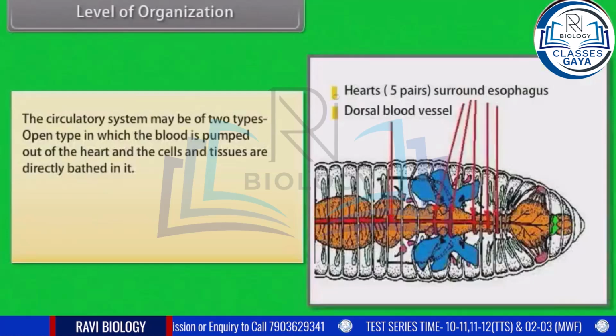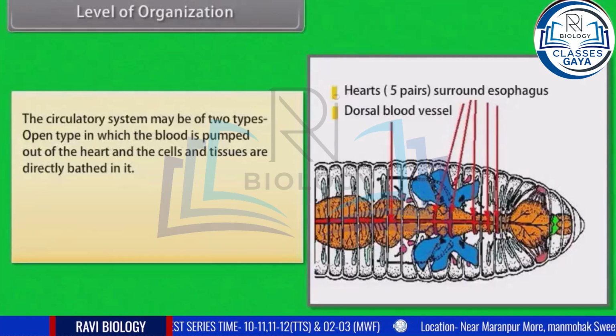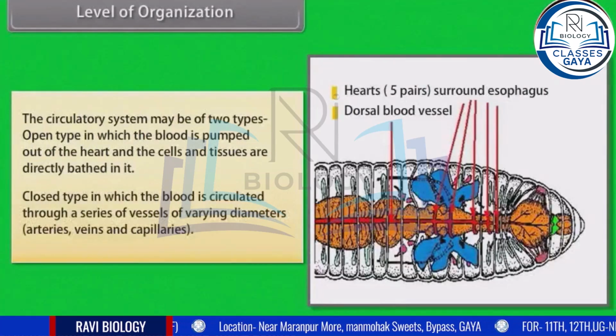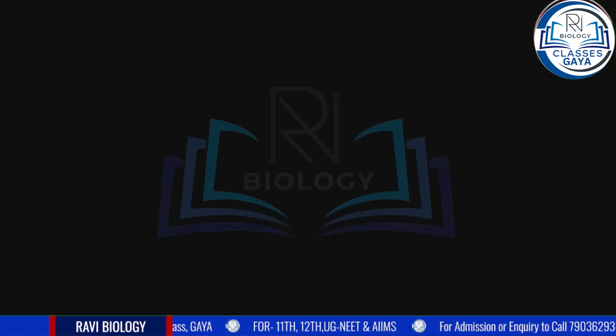The circulatory system may be of two types: open type, in which the blood is pumped out of the heart and the cells and tissues are directly bathed in it; closed type, in which the blood is circulated through a series of vessels of varying diameters, that is, arteries, veins, and capillaries.